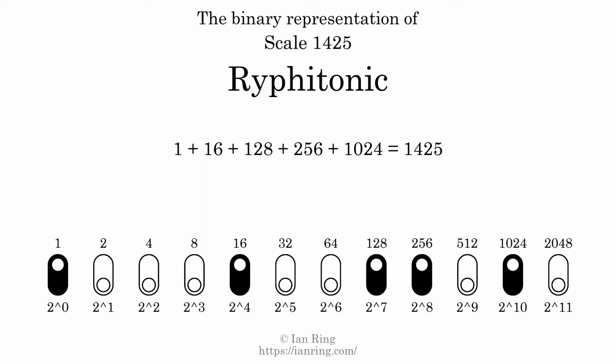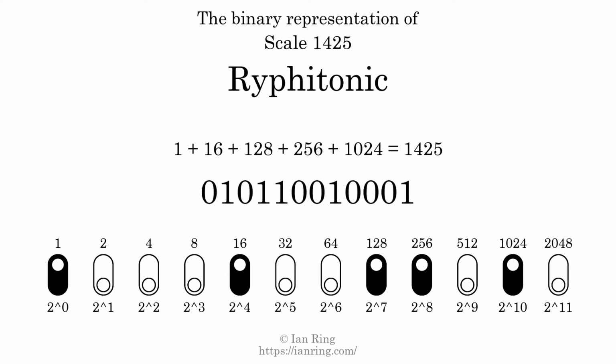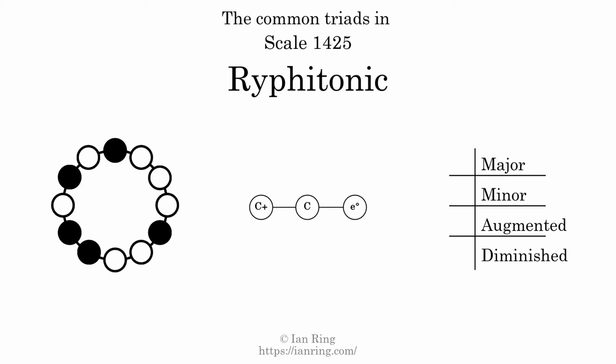That is why the scale number, in decimal, is 1425. The scale number not only enumerates the scale with a unique index, but it also literally describes the tonal content of the scale. Represented as a binary number in base 2, the scale number is 0101100100001.